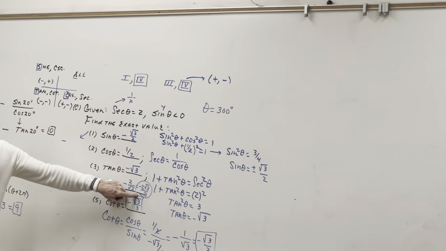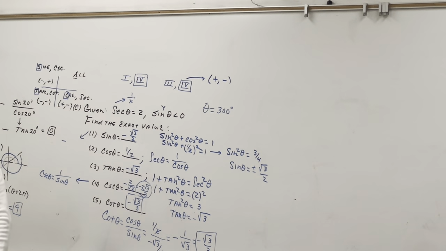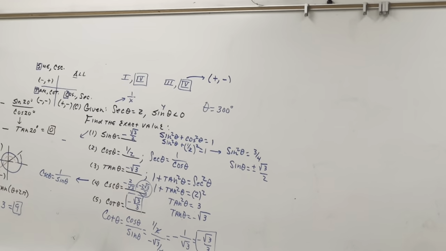We got this strange thing. -2√3/3. A -2√3/3? He's correct.